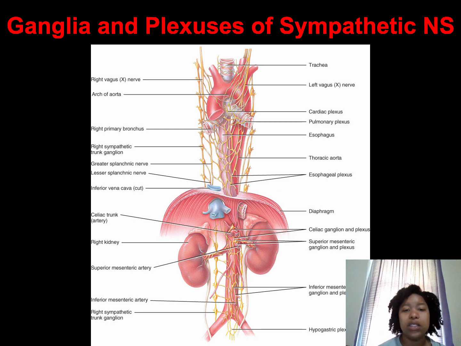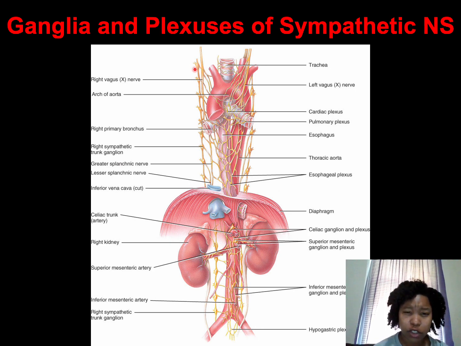So this is where you can see the ganglion plexuses. It helps to visualize it like this so you can see the actual neuronal network that is going down this area, right? So you can see all these structures that you'll normally look at within the thorax and the abdomen. So this is your aorta, you see your diaphragm, your vena cava coming up through here, your kidneys, your adrenal glands sitting on top of them, and all running along this area from the esophagus and the aorta are these nerves, right?